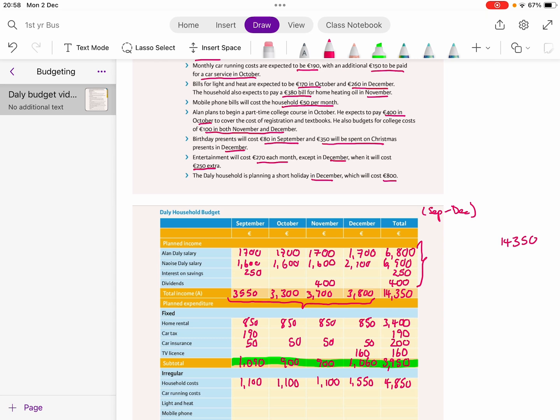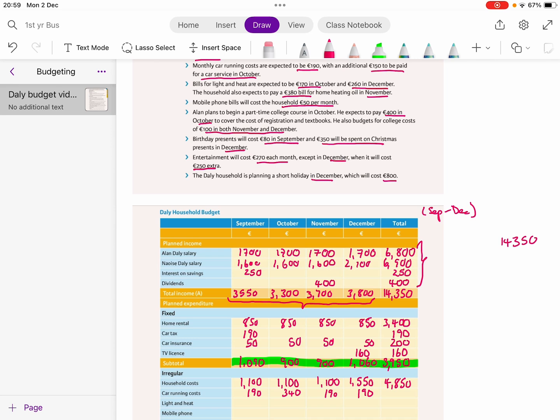Okay, so that means I'm going to put 190 into everything except October, and then I'm going to add my two figures together. So I have my normal 190 for my running, and then I have 150 for my car service, and I'm going to add them together and I get €340.